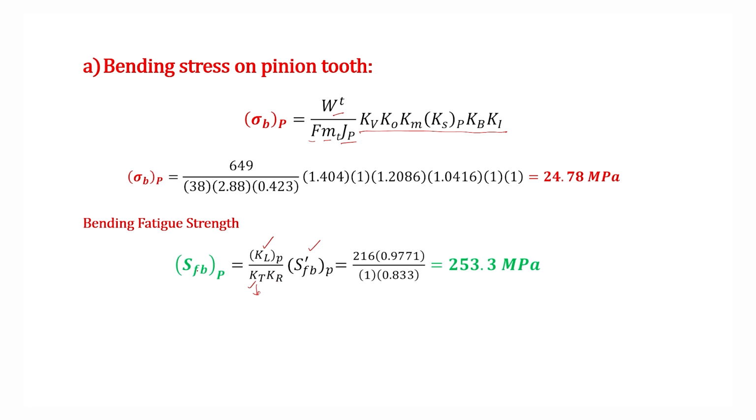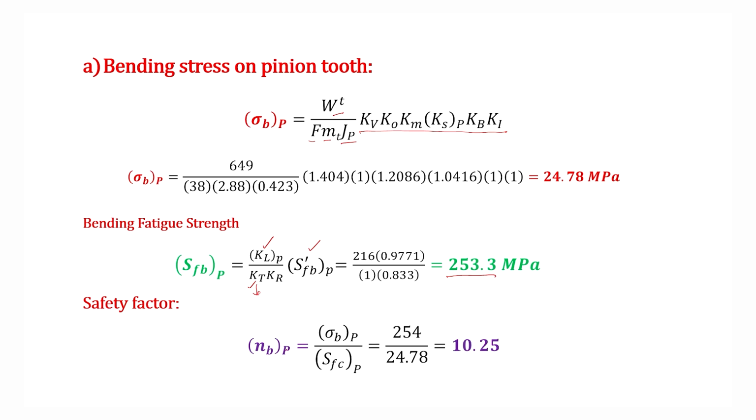So, corrected surface bending fatigue strength for the pinion is this one, and so the factor of safety of the pinion against bending fatigue is SFB, this divided by this, and so it is 10.25, too much high.